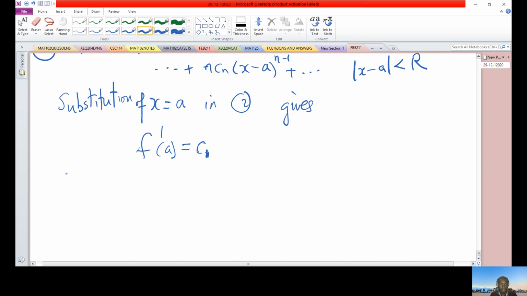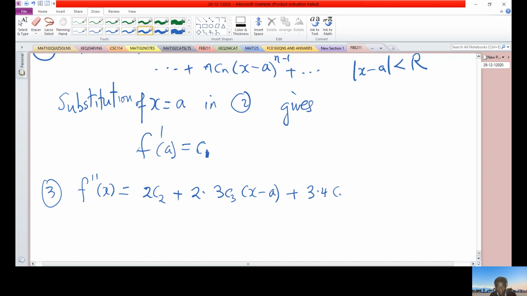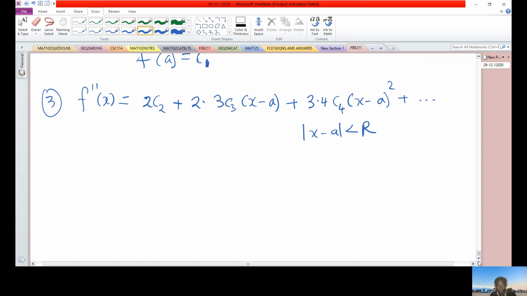Let's get the second derivative. We differentiate now equation 2. This will be equation 3. f double prime of x will be 2 c2 plus 2 times 3 c3 (x minus a) plus 3 times 4 c4 (x minus a) squared, and so on, where |x minus a| is still less than R. Again, substitute x equals a in equation 3.